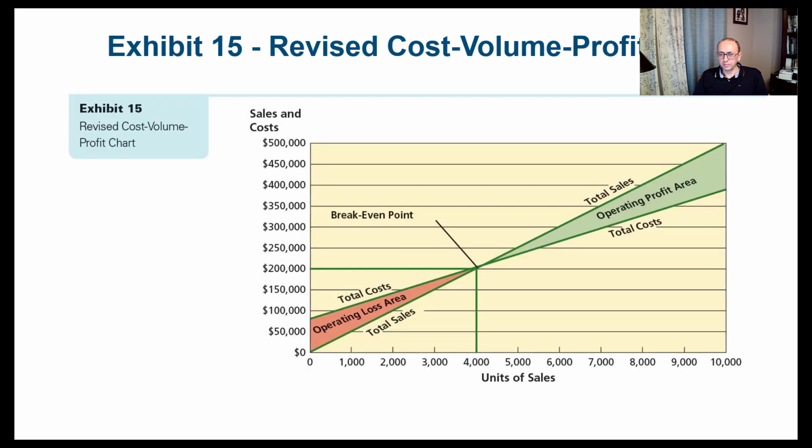So here, this starting point, instead of being at $100,000, we're taking it slightly down to $80,000. So that would change the line, or at least the starting point of the line. Since the starting point of the total cost line is going to change, the break-even point would be at a lower value.